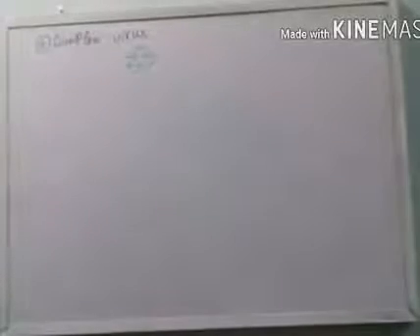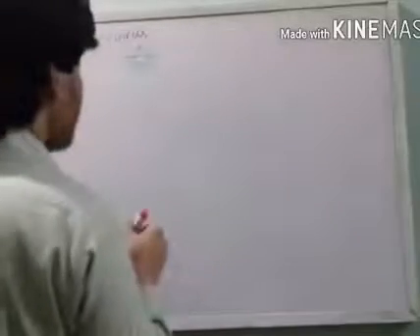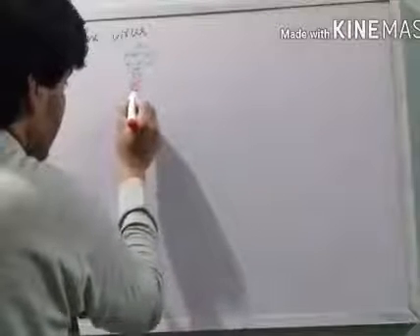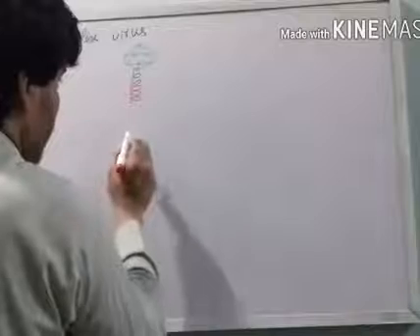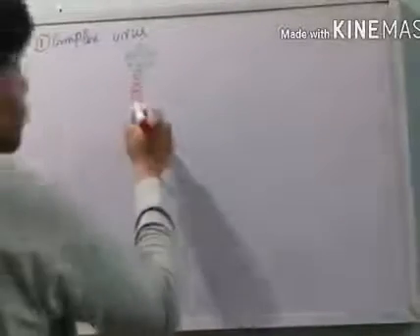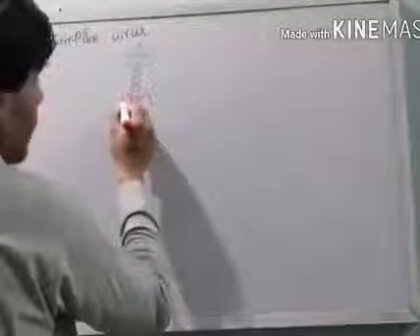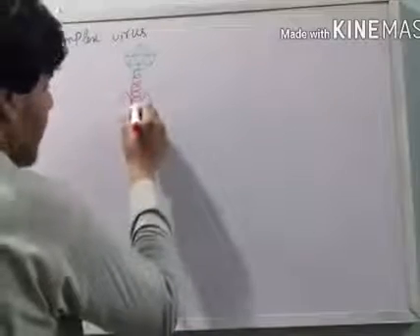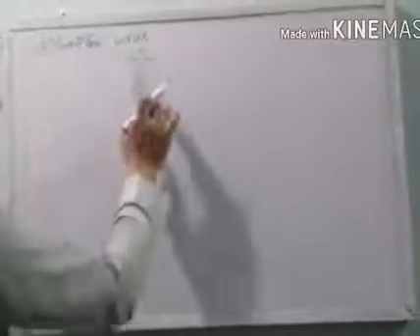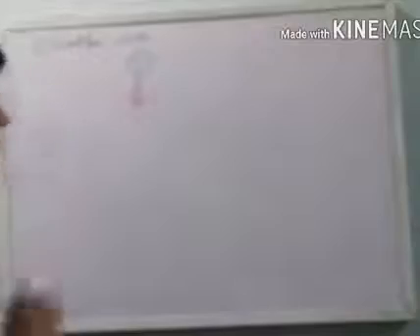As well as they have the helical structure. They also have a tail region. This is the head region, this is the neck region, and this is the tail region. We will be discussing this next.